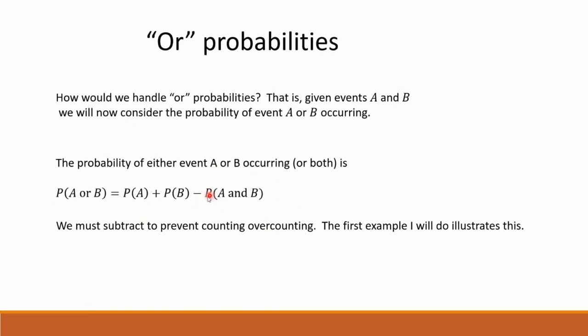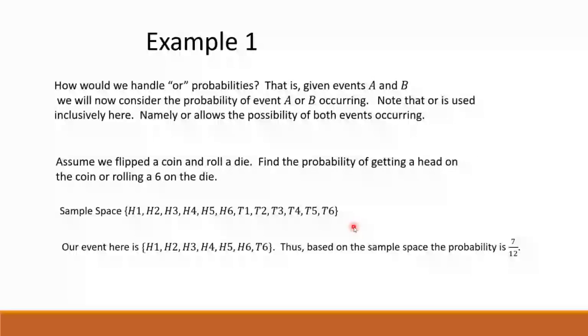Well, no. What can happen is, as I write down here, you could have overcounting, and we don't want to take a chance of overcounting. And that can happen, as my next example illustrates.